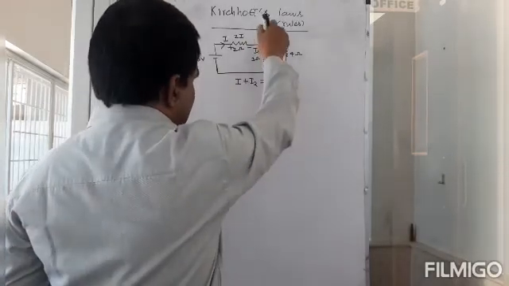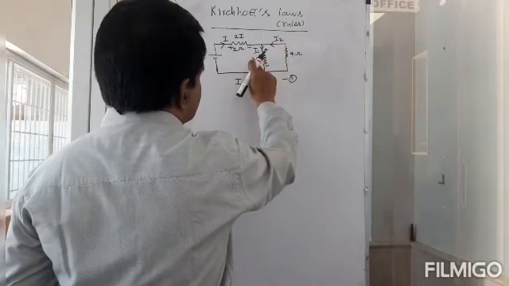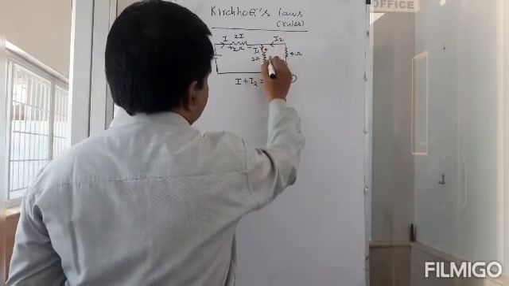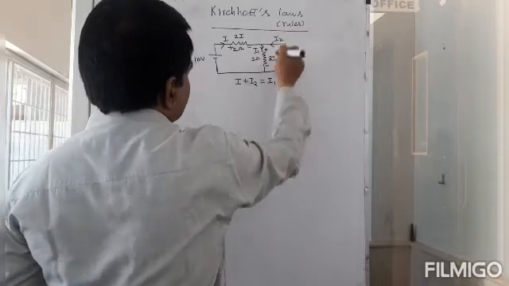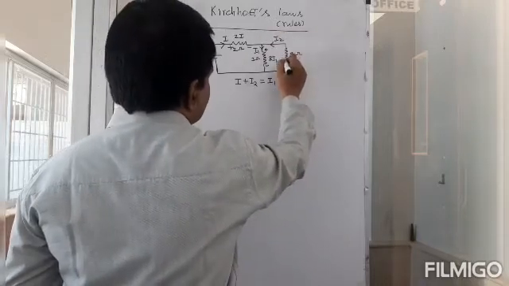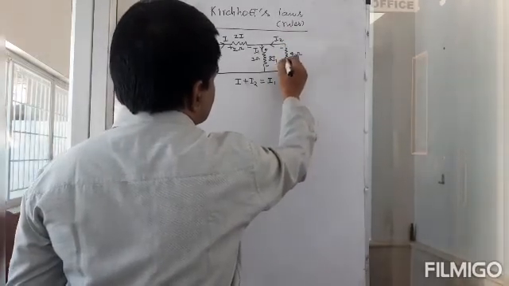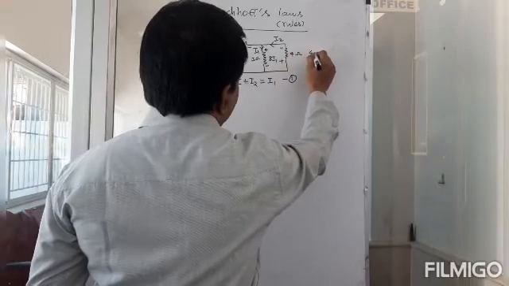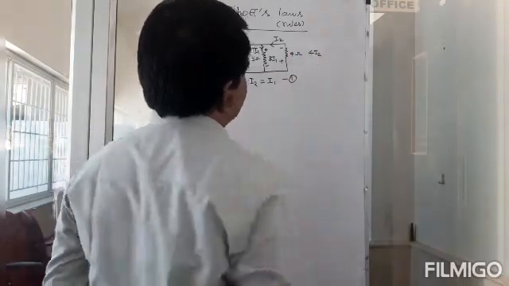Then the current is entering here, so this is positive and this is negative. So this is 3I1. And then current is coming like that, so current must be entering here and leaving there. So leaving there is minus, and this must be plus. So that would be 4I2. That's the voltage there.